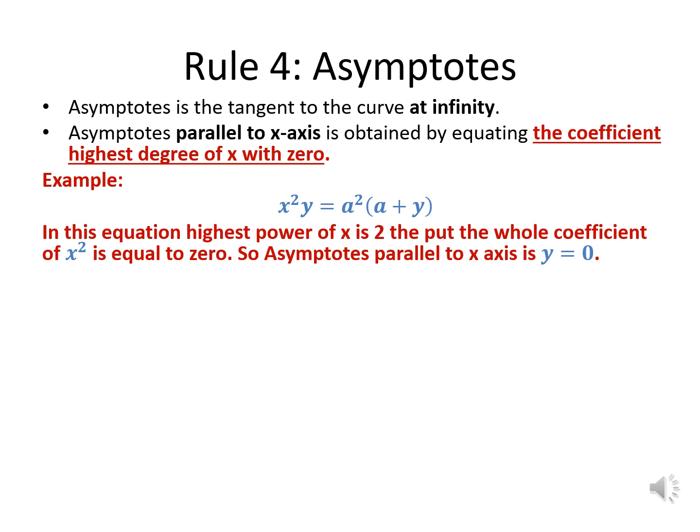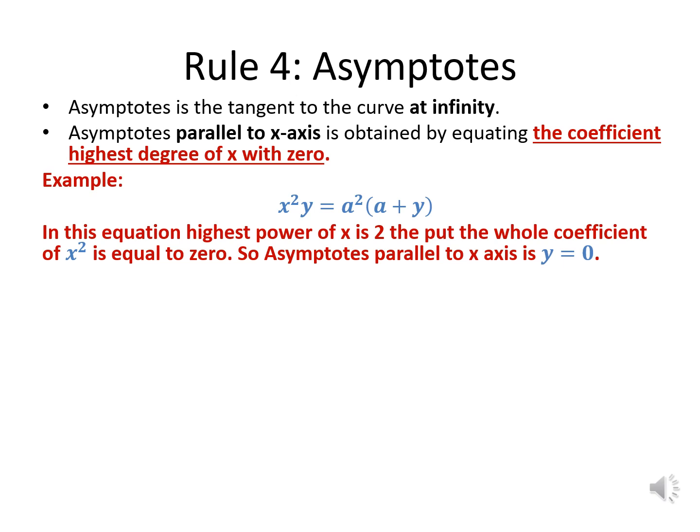We can easily see that the highest power of x is 2, that is x square, and its coefficient is y. So we put the coefficient of x square equal to 0, that is y equal to 0. So y is equal to 0, that is the x-axis, is the only asymptote which is parallel to the x-axis.